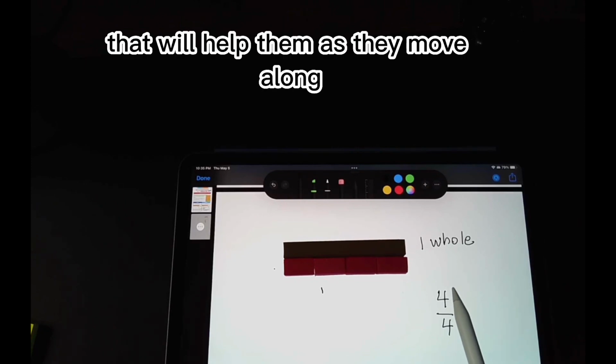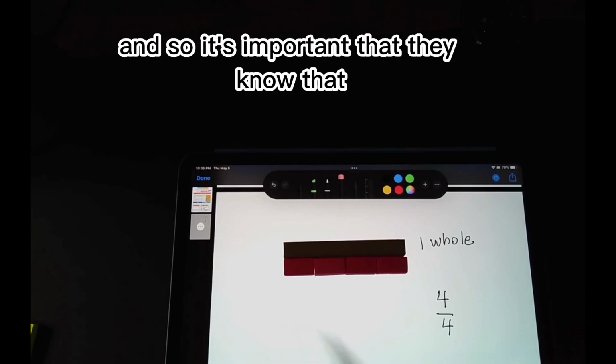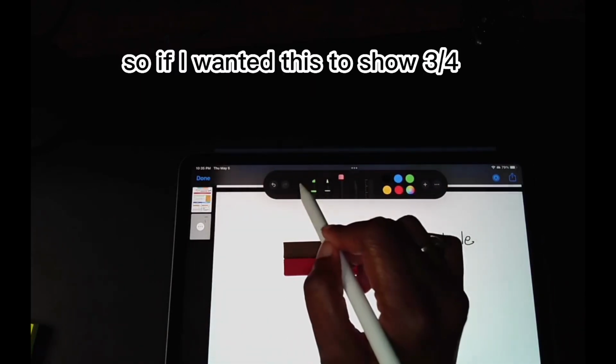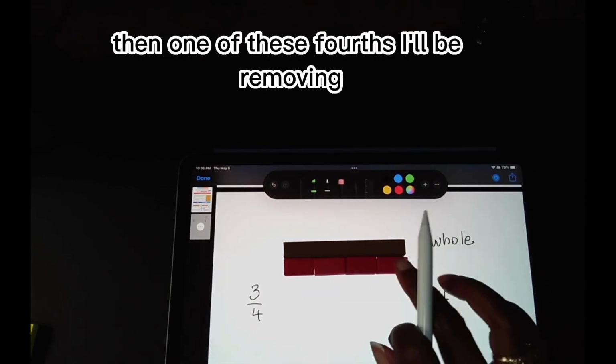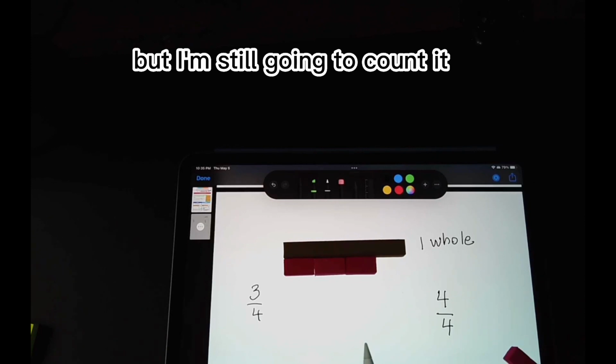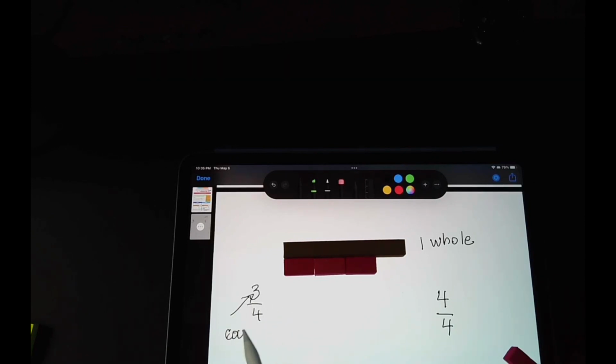We want them to recognize that. That will help them as we move along and start working with more complex fractions, so it's important that they know that. If I wanted this to show 3/4, then I'll be removing one of these fourths, but I'm still going to count it. This says that I am counting 3 1/4.